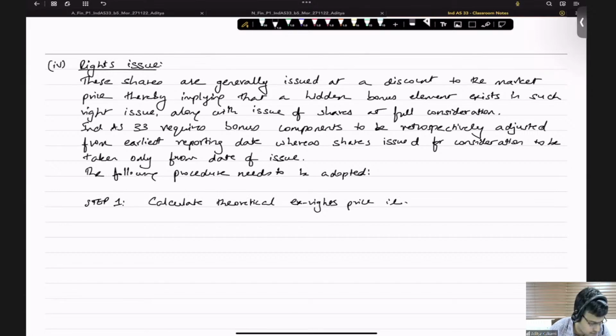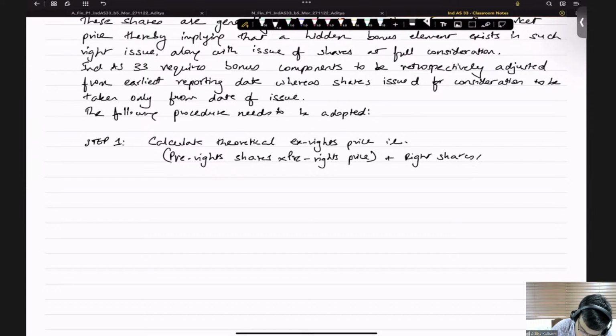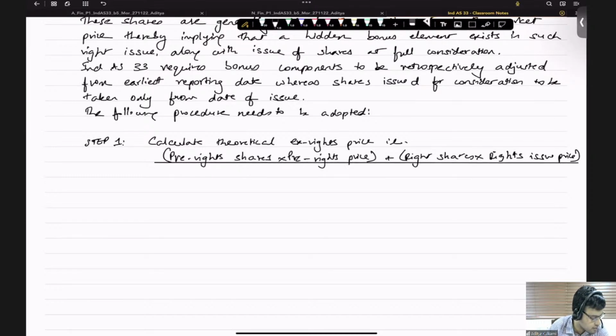That is pre-rights shares into pre-rights price plus rights shares into rights issue price, divided by pre-rights shares plus rights shares.